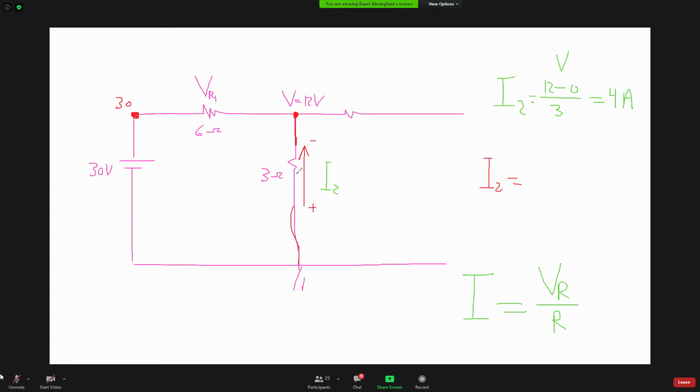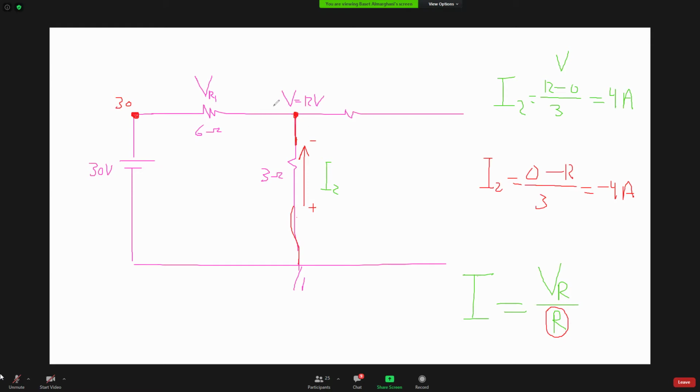The voltage here minus the voltage here gives me the voltage across the resistor. So the voltage across the resistor is 0 minus 12. This is the voltage, not the current. When I divide it by the resistance, I get the current, which is 3. So here it's minus 4. When you change the direction, you get a negative answer.